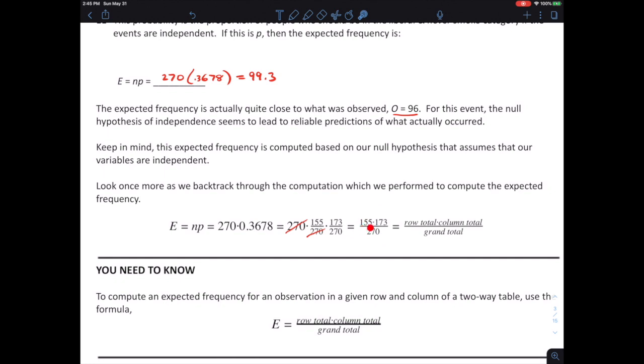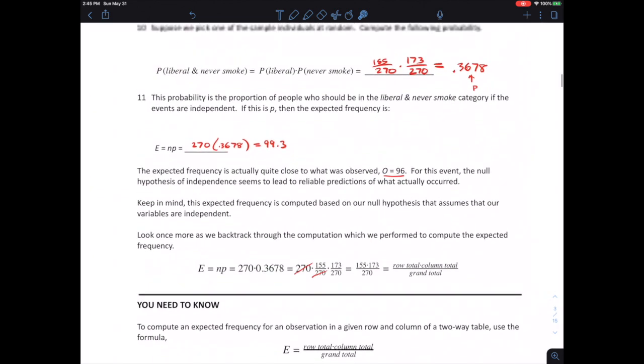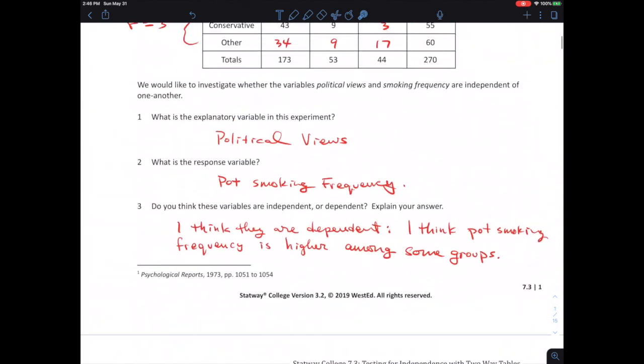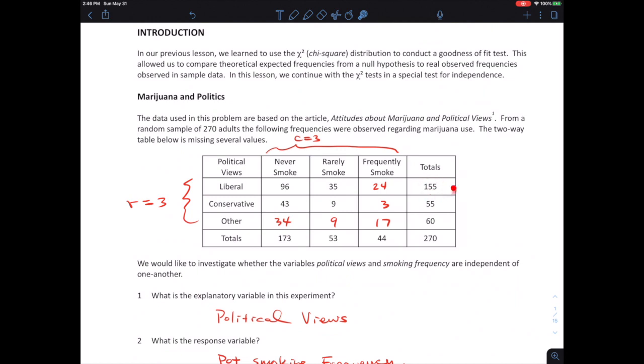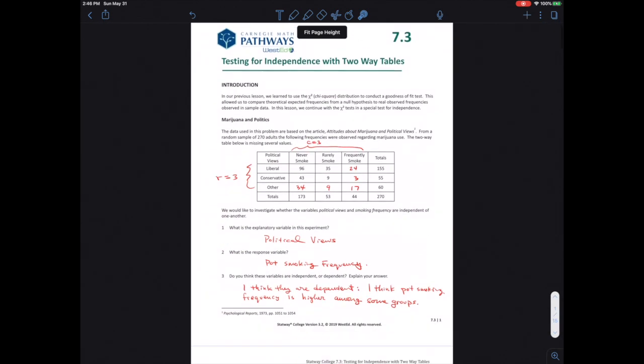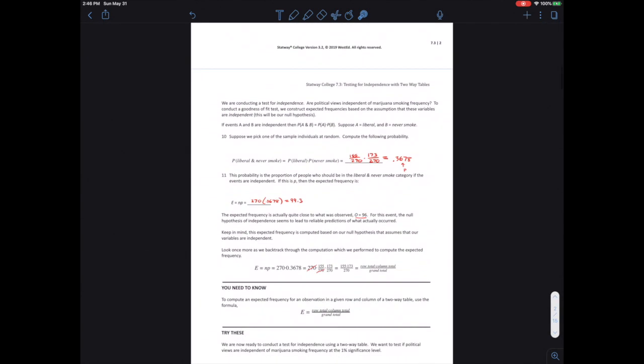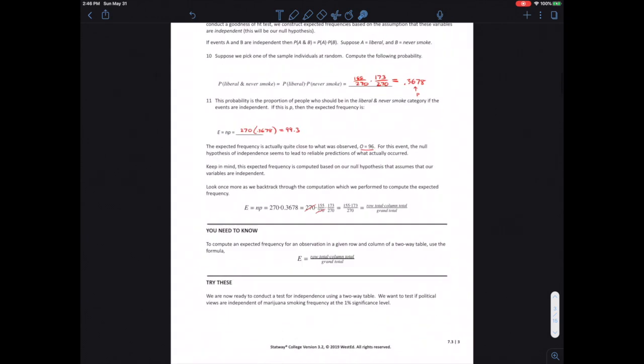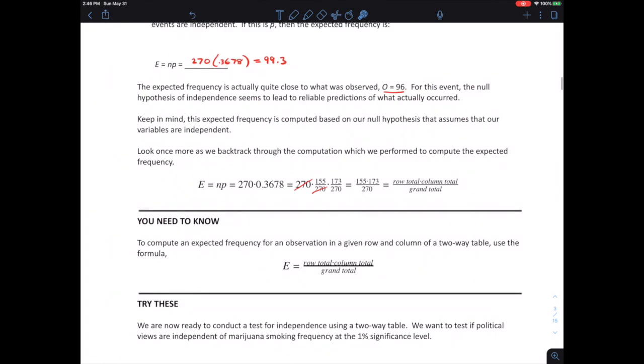Okay, again, these numbers go back to the table. The 155 is the total for the row for liberals, and the 173 is the column total for the never smokers. Okay, we're multiplying 155 row total times 173 column total, and the denominator that you divide by is 270, which is the grand total, and you'll see that right here, that 270 in the denominator.